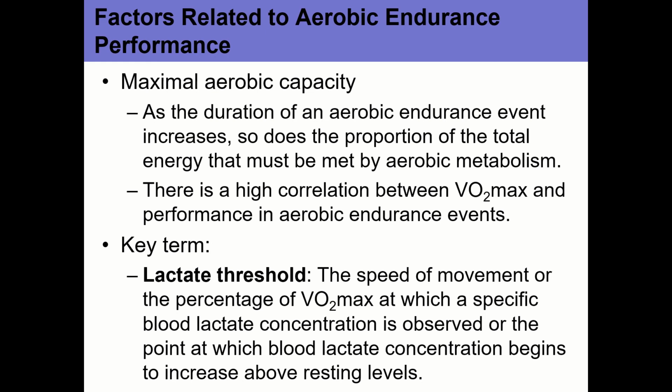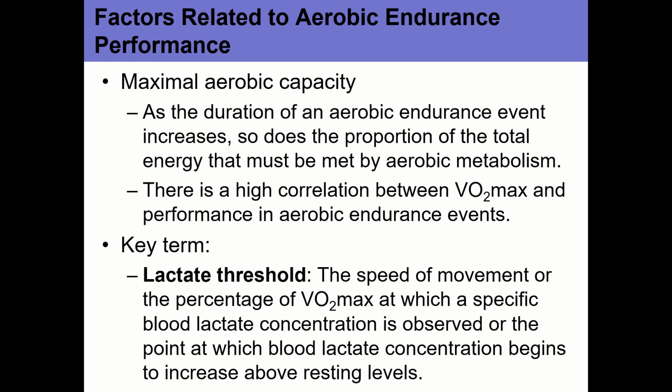One of the things with really elite endurance athletes is they tend to have fairly similar VO2 maxes. So if you have two elite marathon runners, they're both going to have VO2 maxes, let's say in the 70s, maybe the low 80s. And because of that, the key differentiator appears to be their lactate threshold.